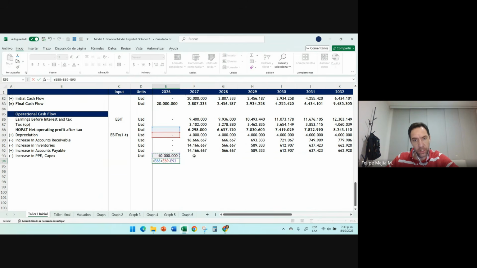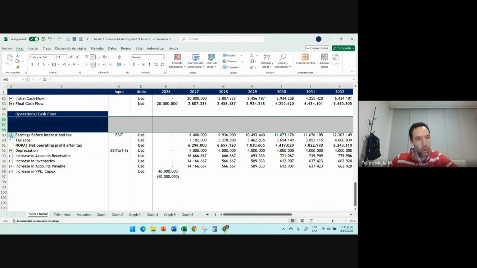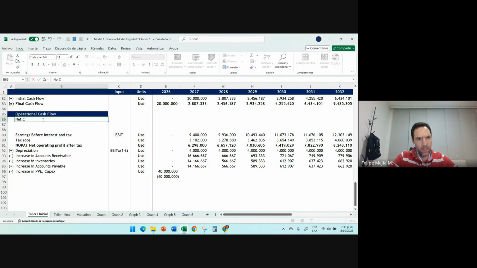Take into consideration that Damodaran also uses another thing that you need to be aware of, which is a concept called net CapEx. In Latin America, we're not that used to the concept of net CapEx, but I think it's important. It is the difference between CapEx and depreciation.